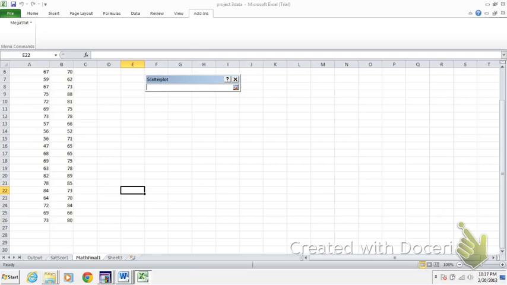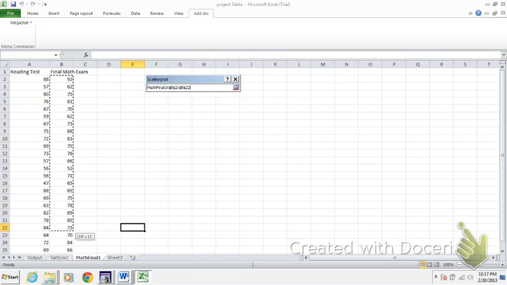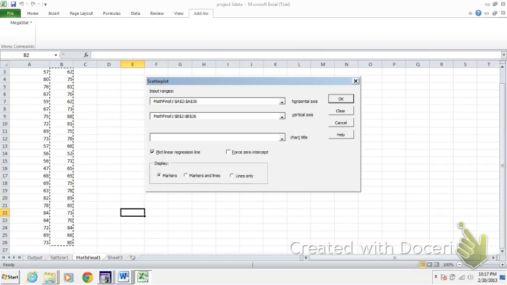Vertical axis, we're going to highlight the math exam scores. Title, I'll let you create a title there, something like success in math. Plot the linear regression line, we're probably going to need that, so we'll hit OK.